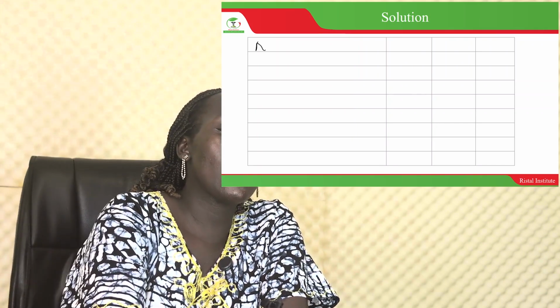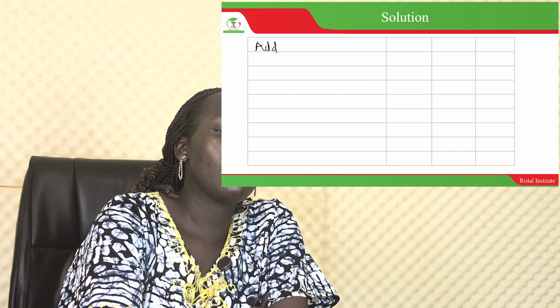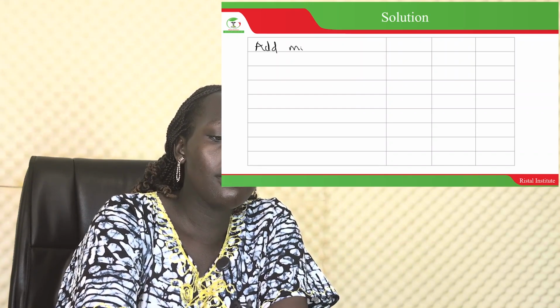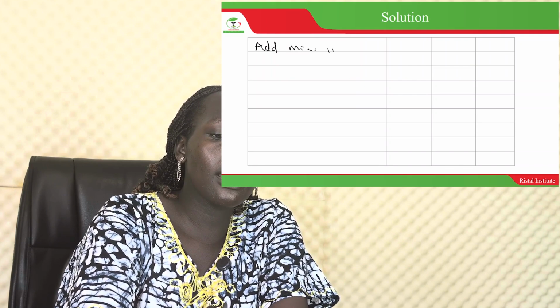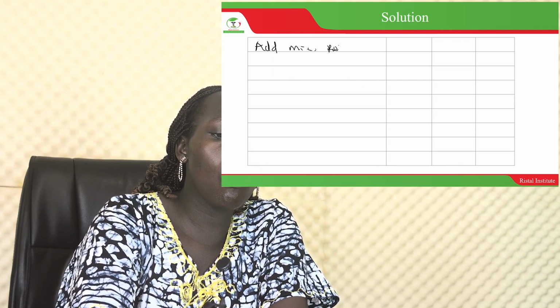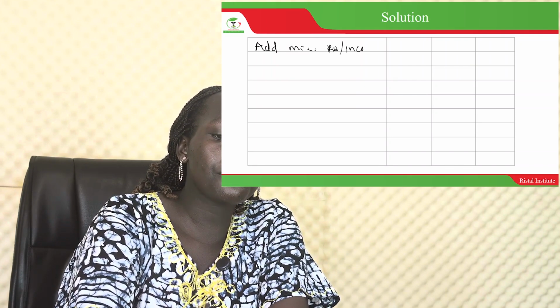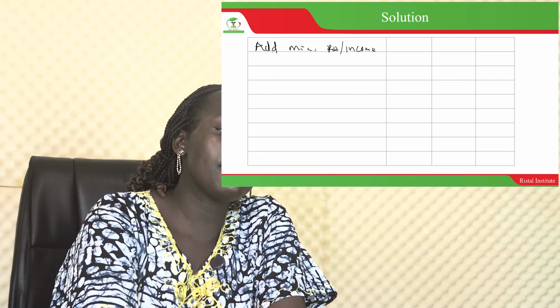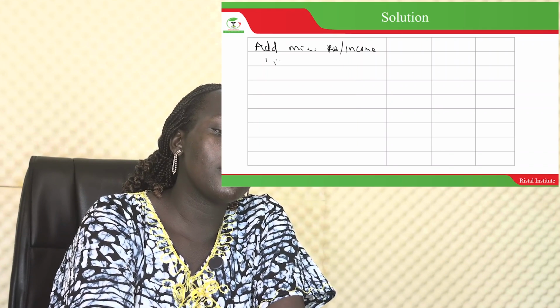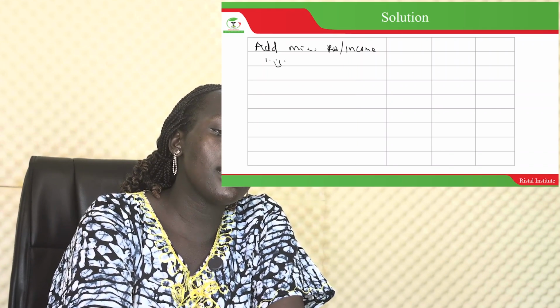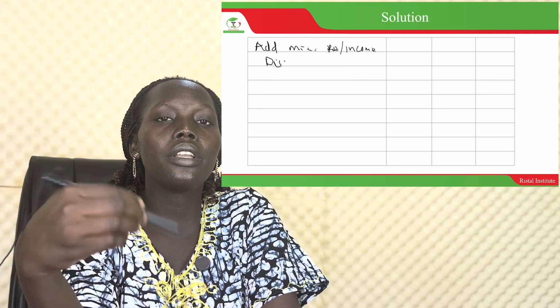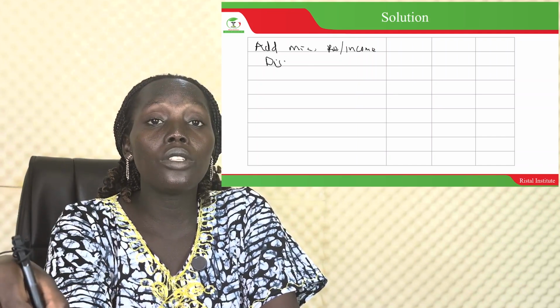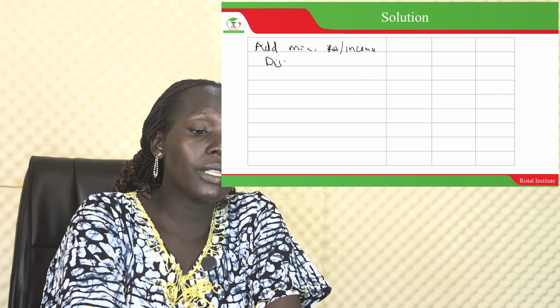So we shall say add miscellaneous revenue or income. So under it we have discount received. When you receive discount, that is income. But when you encounter discount allowed, that becomes our expense.